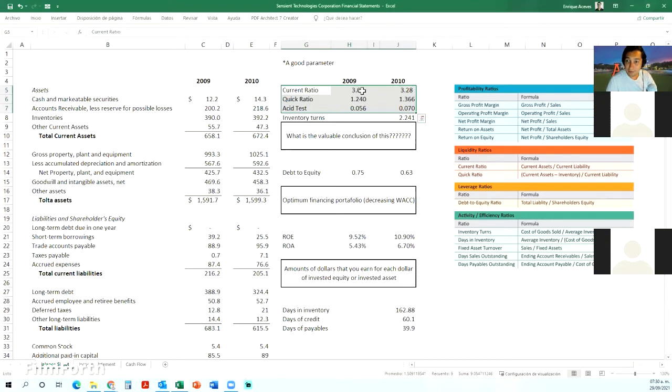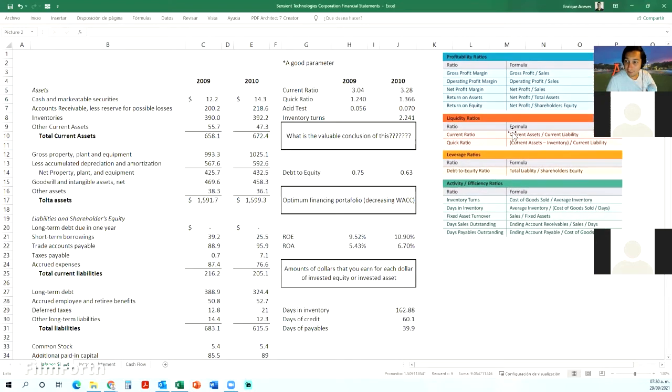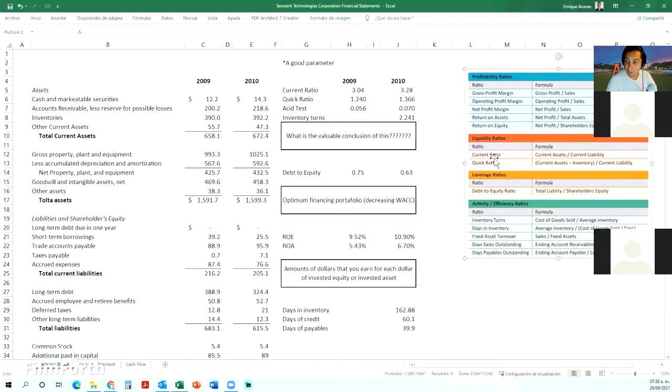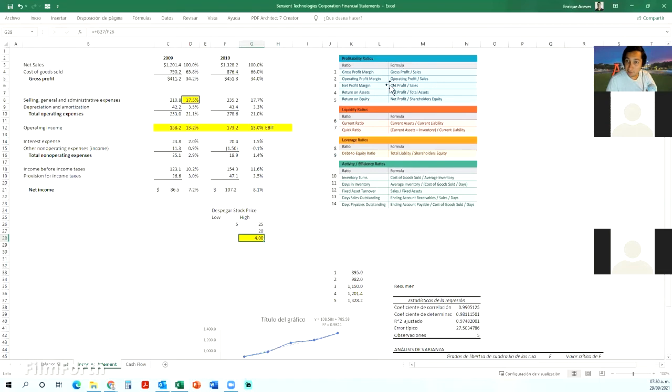Remember how we did them with these formulas? And we have debt to equity ratios and profitability ratios, which are mainly in the income statement.